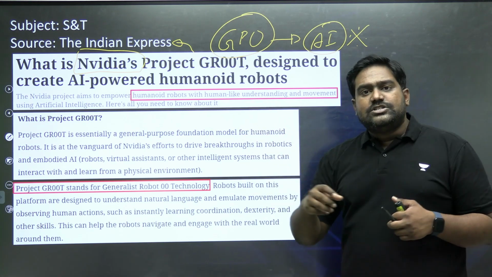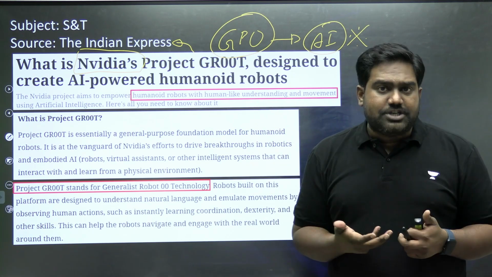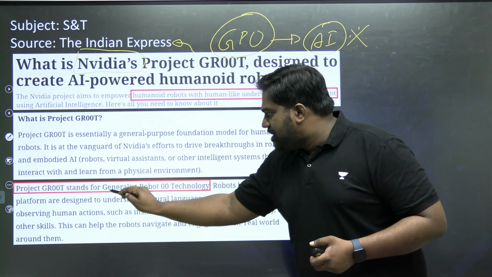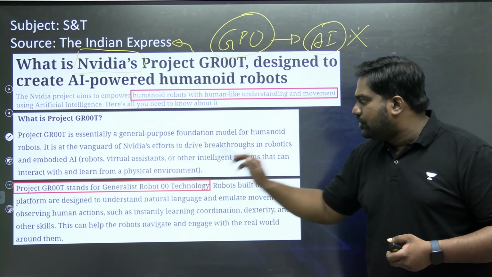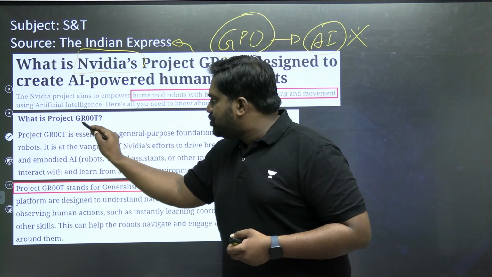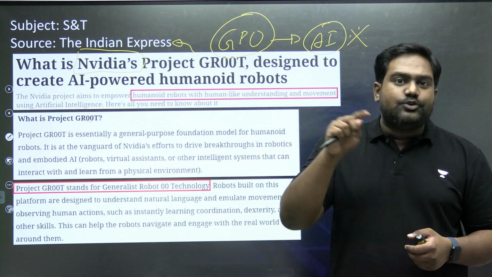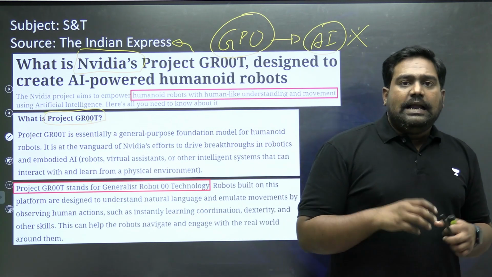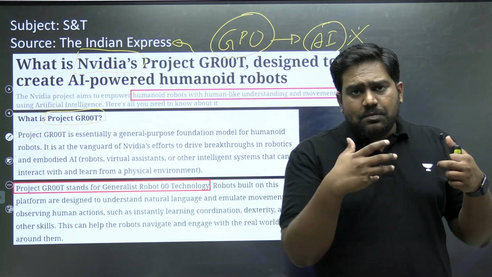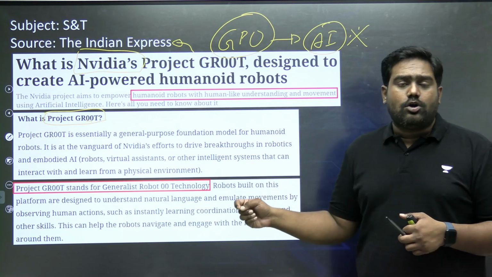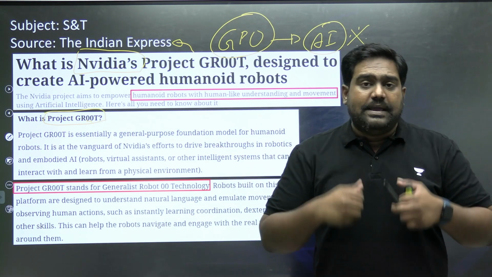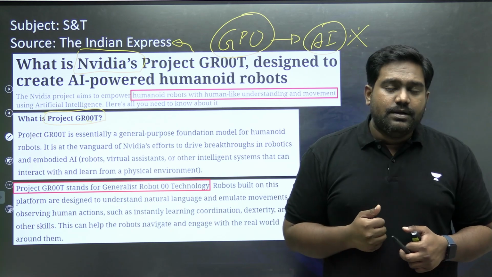So NVIDIA has launched this humanoid robot project called Project GROOT. It stands for Generalized Robo 00 Technology. But of course you can call it Project GROOT. And the idea is to develop a humanoid robot driven by an AI algorithm which can learn from human actions and human behavior and human language.